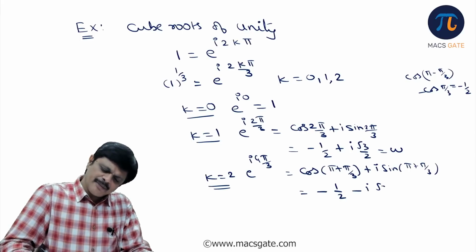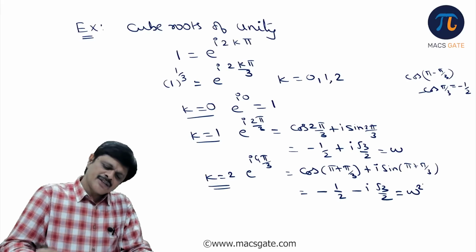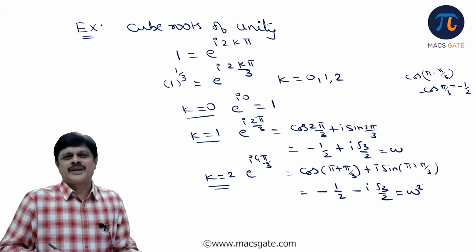Sin π/3 is root 3 by 2. And this is what we call omega square. So 1, omega, omega square are the roots.